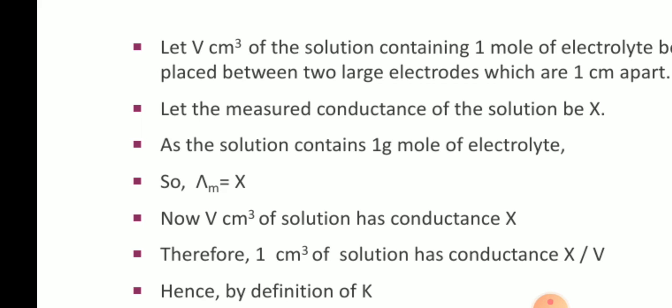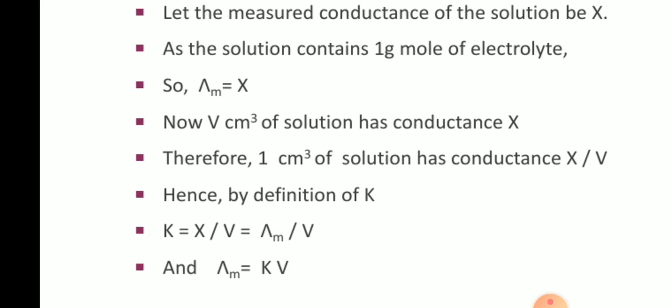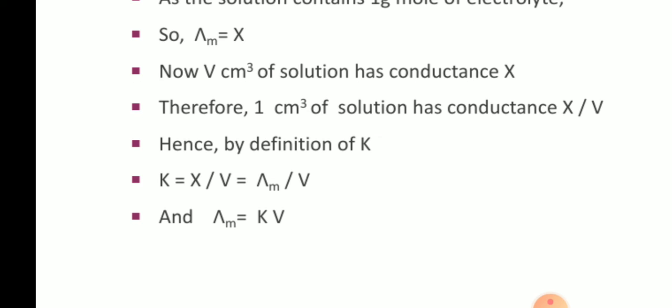Now, from the unitary method you can know that V centimeter cube of solution has conductance X, so 1 cm cube of solution has conductance X by V. Hence, by definition of K, the conductance of 1 centimeter cube of electrolyte is the conductivity.